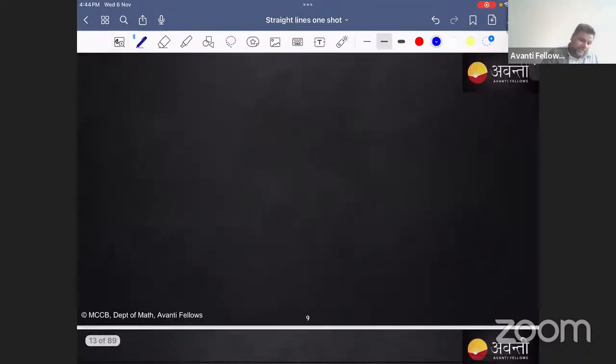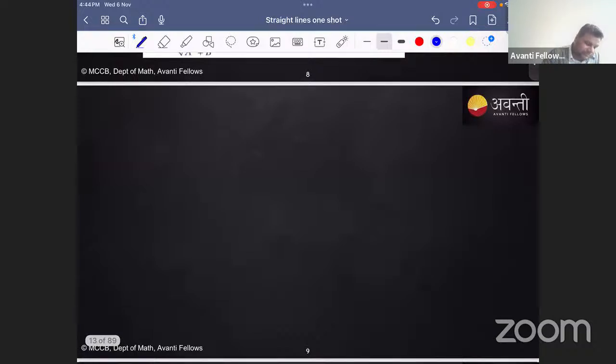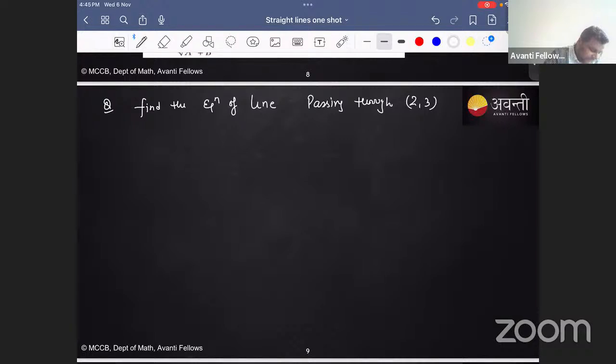Now, like equation, we will write. Find the equation of line passing through (2, 3) and (4, -2), and then write it in perpendicular form.